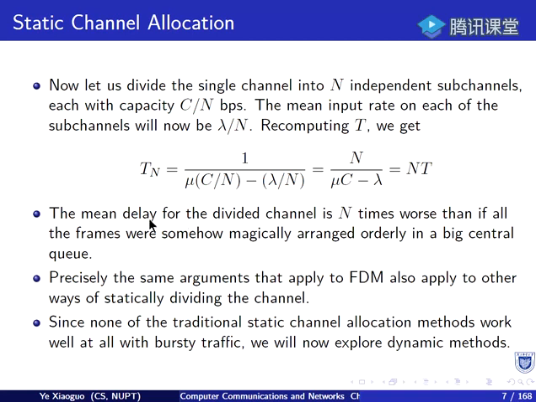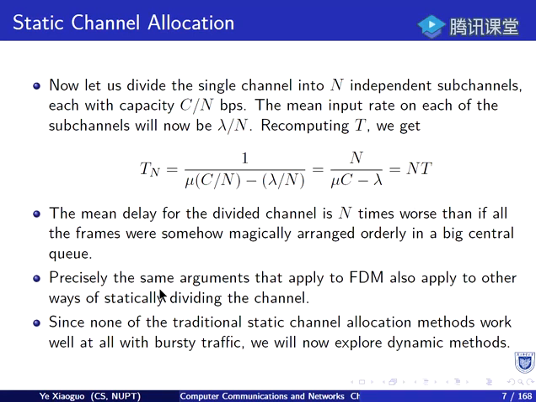The mean delay for the divided channel is n times worse than if all the frames were somehow magically arranged orderly in a big central queue. So when divided into n independent subchannels, the performance becomes worse.